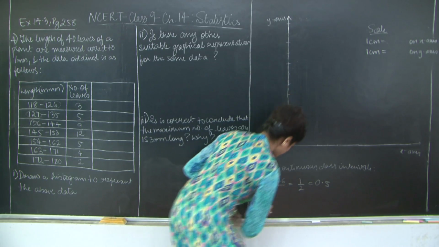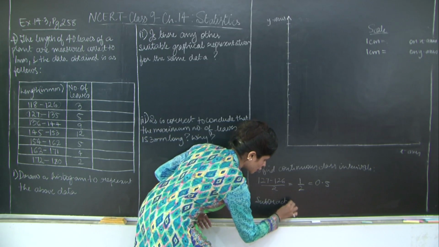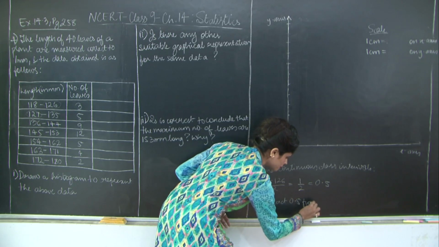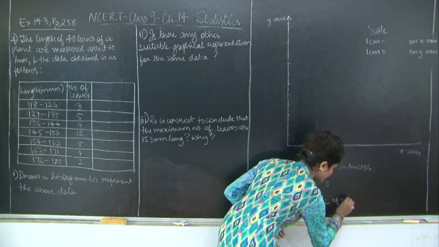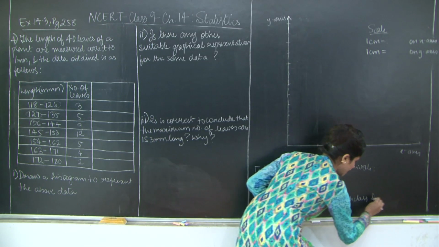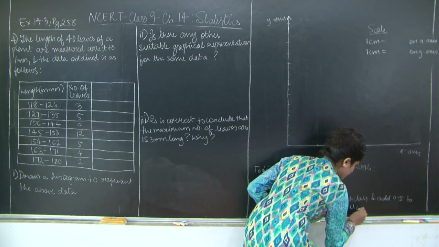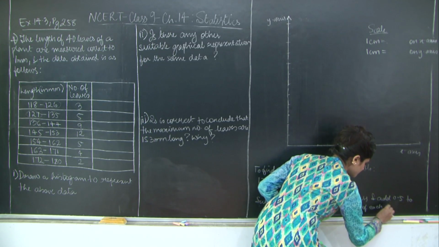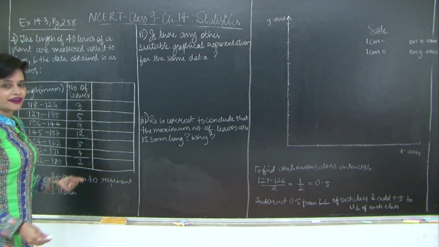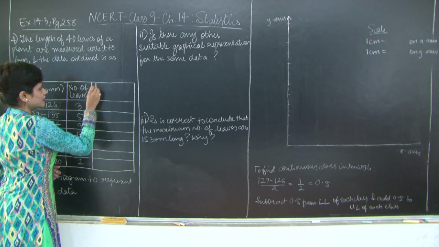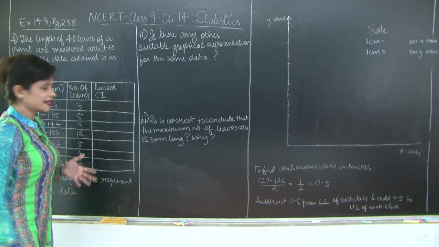So you're going to subtract 0.5 from the LL, lower limit, of each class, and add 0.5 to the upper limit, UL, of each class. Now we will write down the revised class intervals, CI for class intervals.